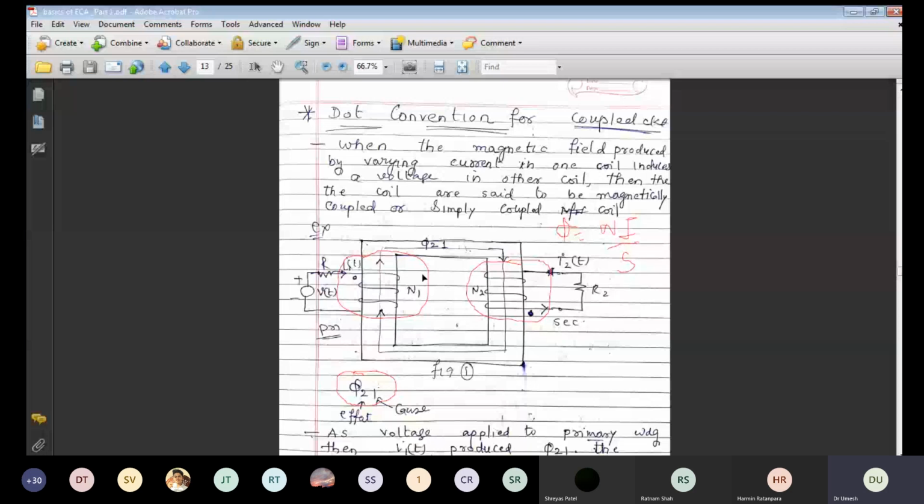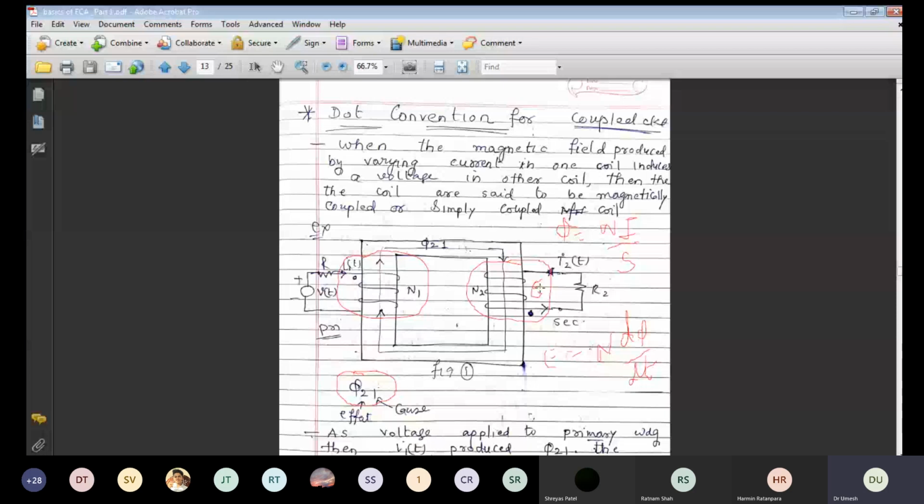So whenever flux links with this winding, because of Faraday's law of electromagnetic induction, E is equal to N d phi by dt. Here the number of turns is N2, so N2 d phi by dt is the EMF induced in the secondary winding between these two terminals. Suppose this is E2.